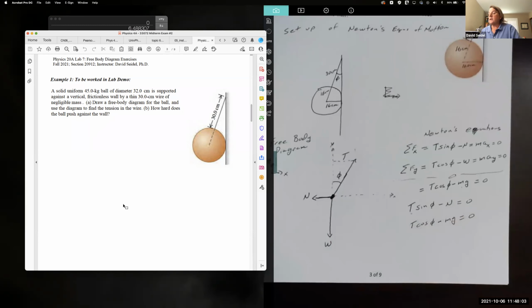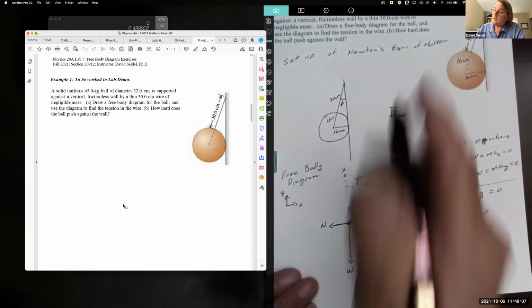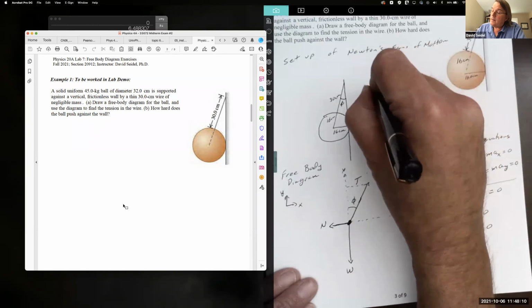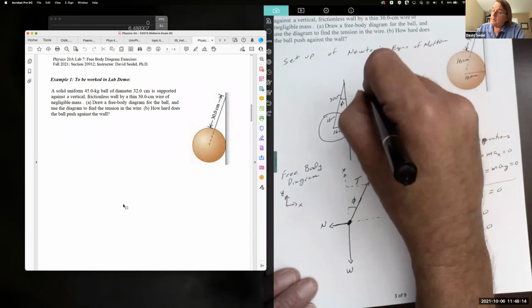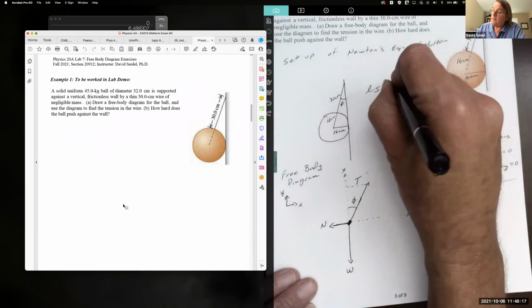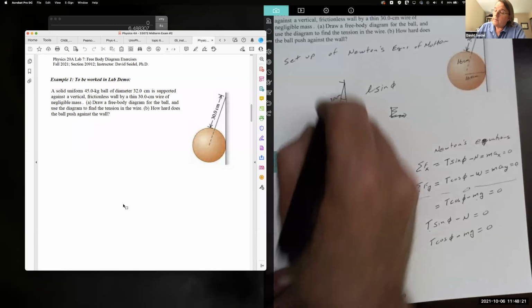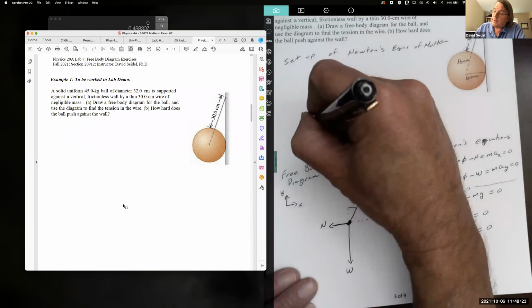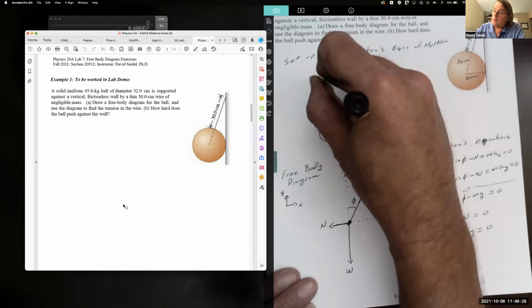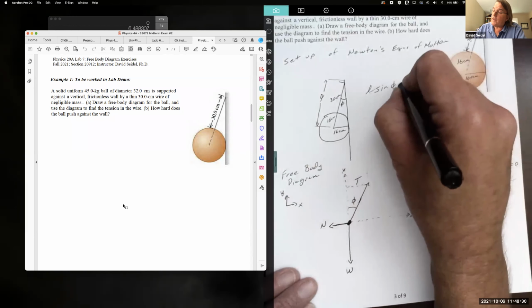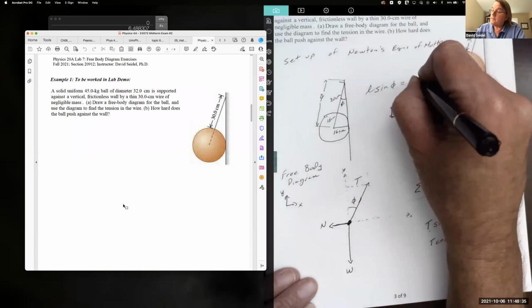Now, you might argue that you don't know phi, but you do know phi because L sine phi, some arbitrary L, and we're going to call this distance here L. L sine phi is equal to 16 centimeters.